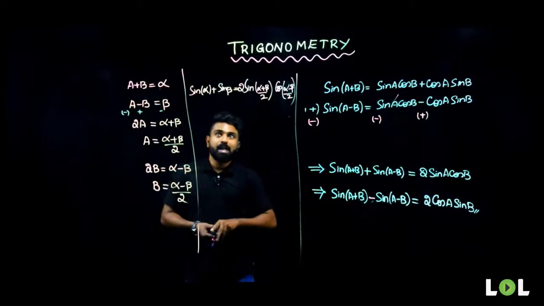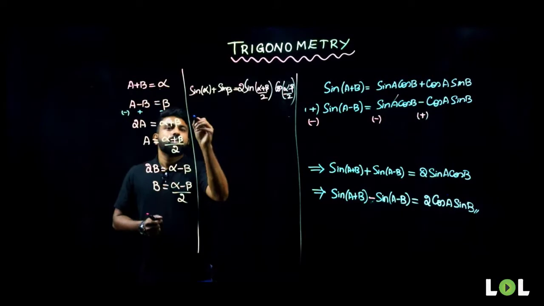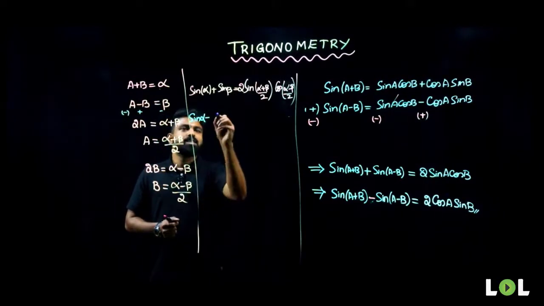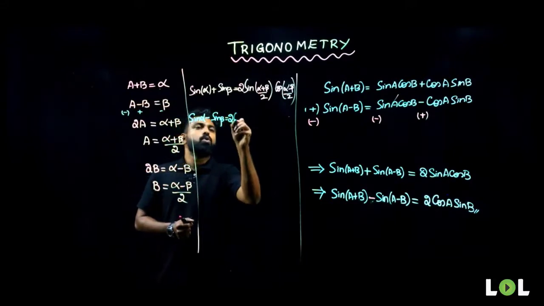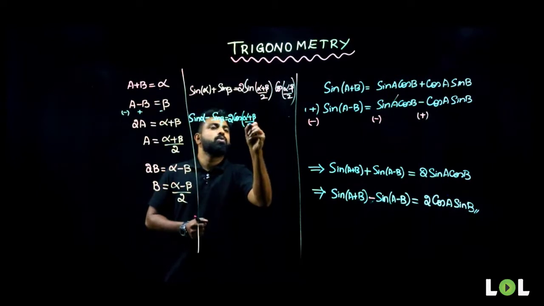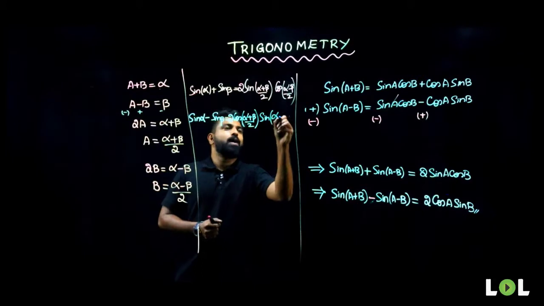Similarly, if I replace the same thing in this equation, what will I be getting? Sine of alpha minus sine of beta will be equal to 2 into cos of alpha plus beta by 2 into sine of alpha minus beta by 2.